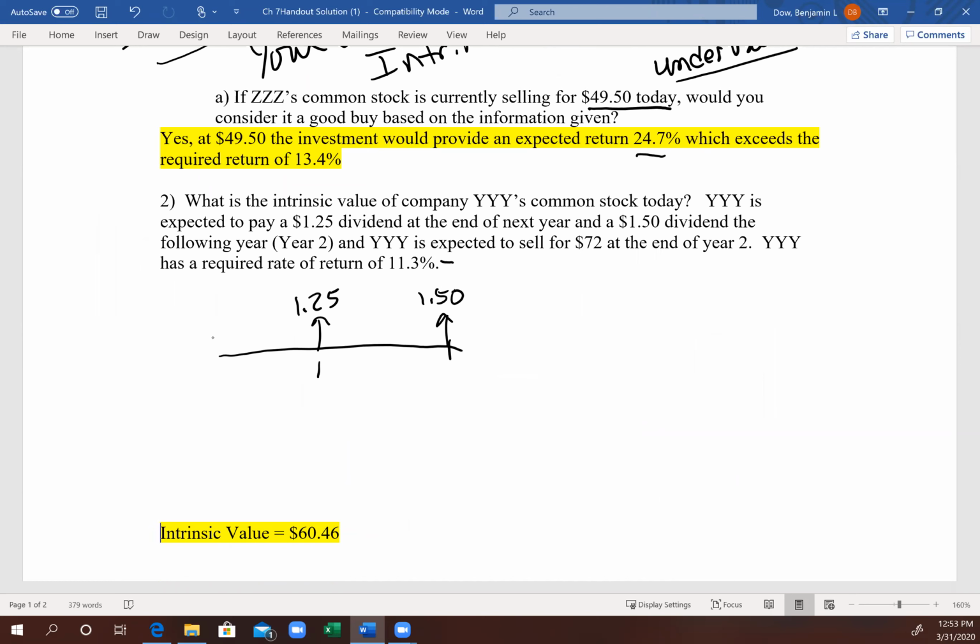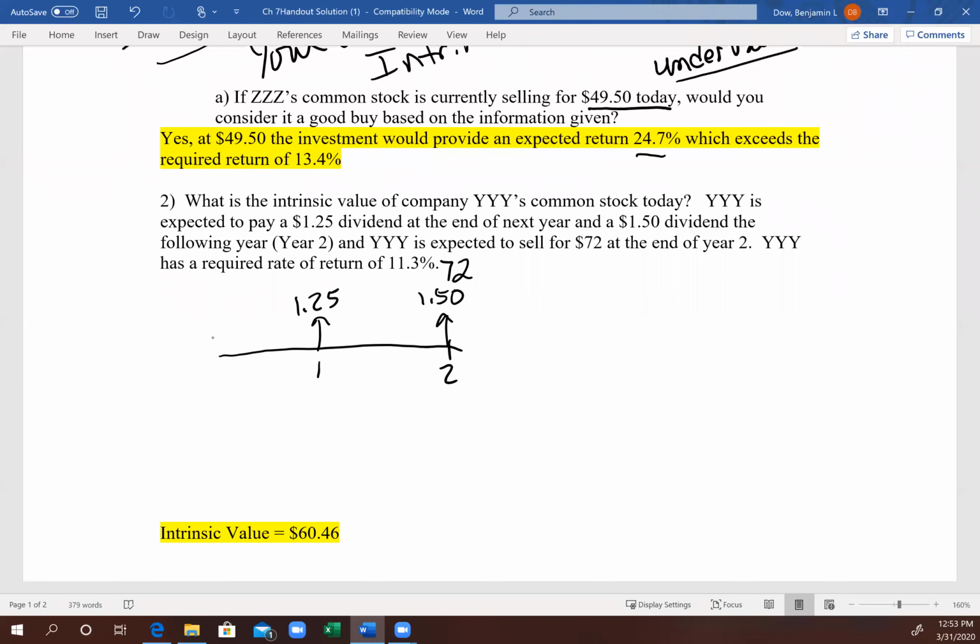And you can kind of see in the next problem. Here we've got a stock that's expected to pay $1.25 in year 1 and $1.50 in year 2 and sell for $72 at the end of year 2.